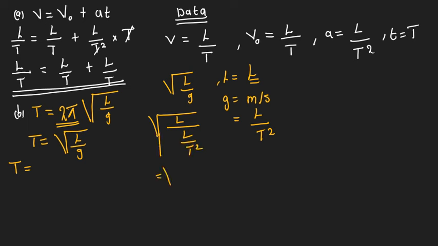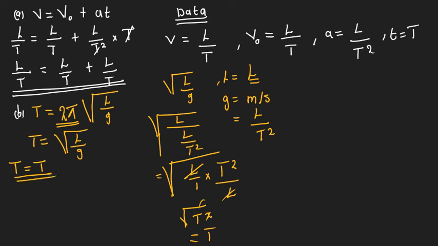Then this is just the same as L over 1 multiplied by t power 2 over L. So this and this can cancel, and I'm going to have t to the power 2, which under the square root can cancel, and I'll remain with t. Henceforth, I'll have my t here, and I can say that this formula is dimensionally correct.